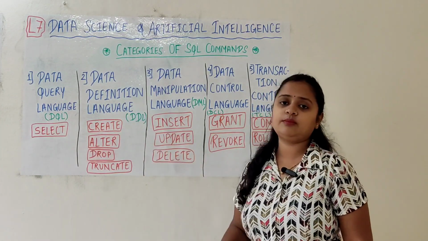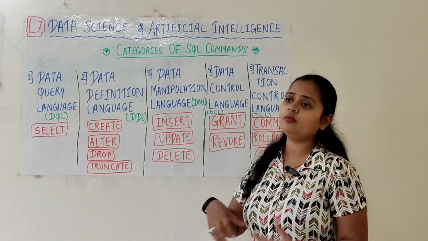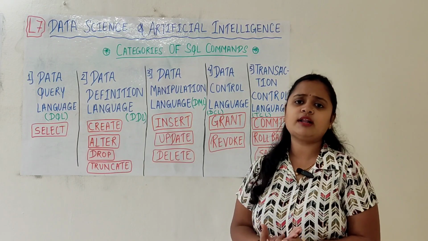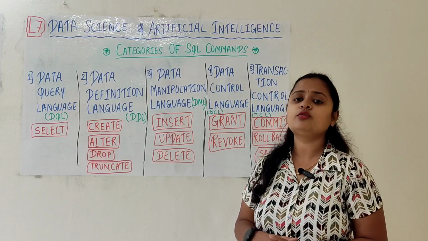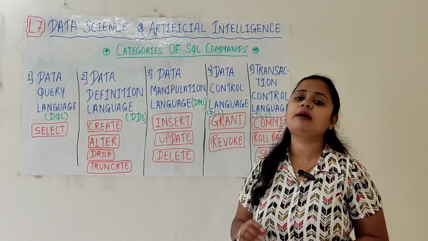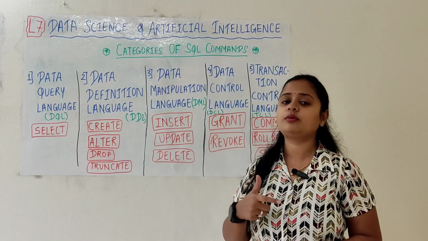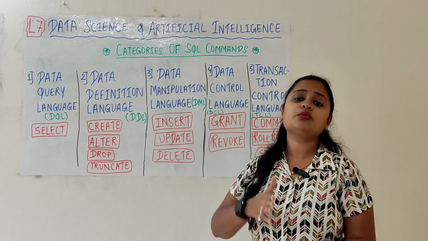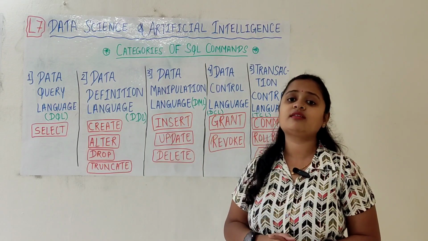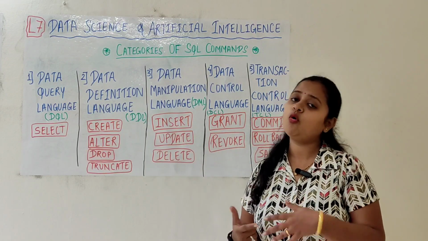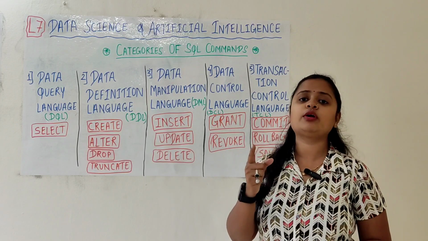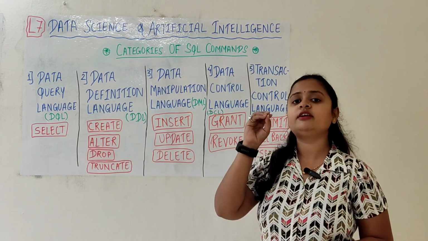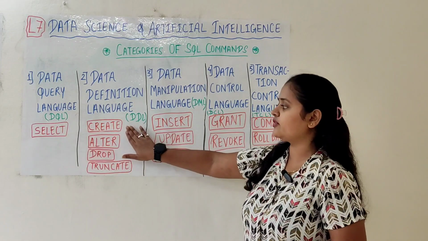Now if you want to create a table in your database, just for example orders, you need to create the table by writing the command create table customers, create table orders, then give all the column names, then give the data types, what data type is required. What are the types of data types we are also going to see in a further lecture guys. For now just understand this: if you want to create a table inside your database, at that time this option is used, that is create.